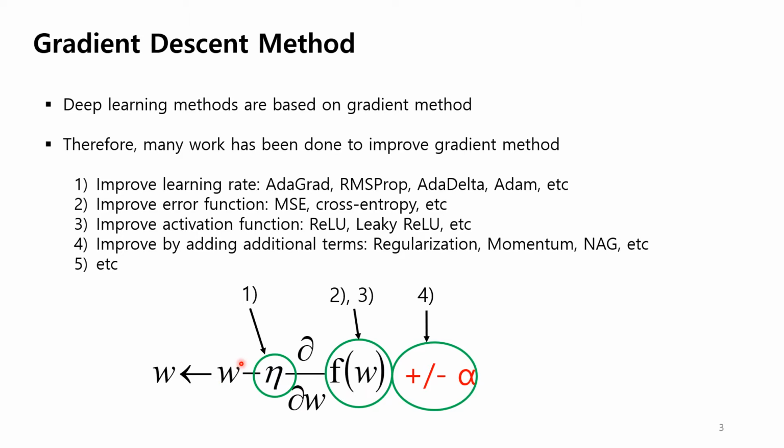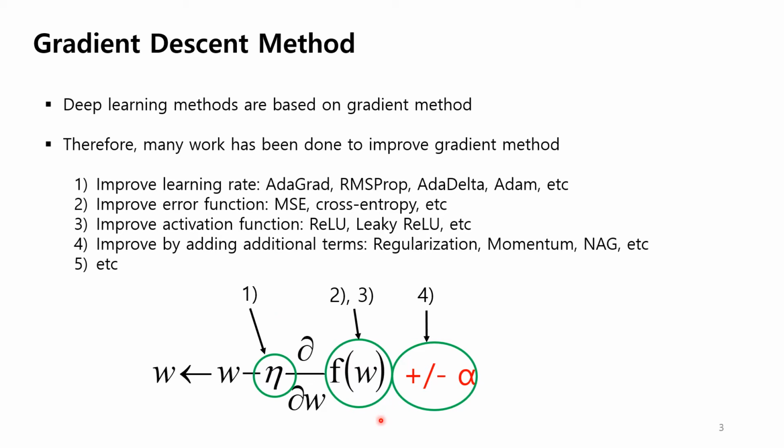In deep learning case, this should be the weight in network. So the new value of W is the old value of W minus learning rate times the derivative of error function F. So that's the basic formula of gradient descent.